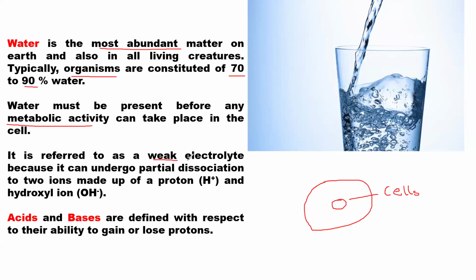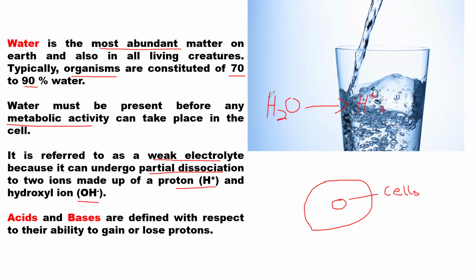So water is a weak electrolyte. It means that it undergoes partial dissociation to produce ions, and the ions are hydrogen ion and hydroxyl ion. Remember that the water molecule is H2O. When we say dissociation, it means the breaking down of a particular compound to produce ions, and these ions depend on the type of compound.